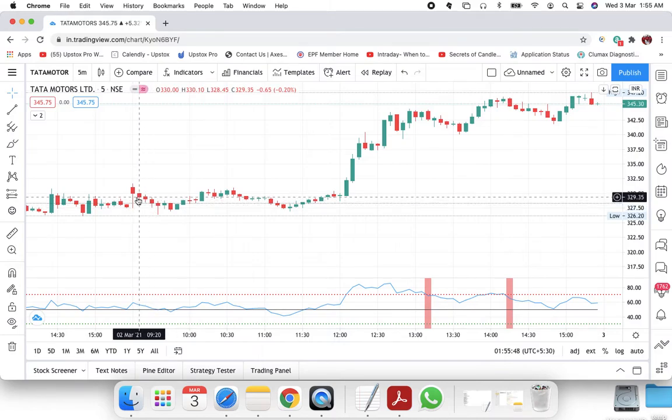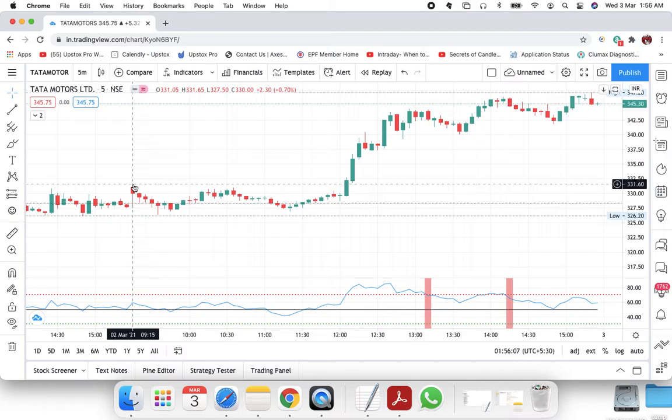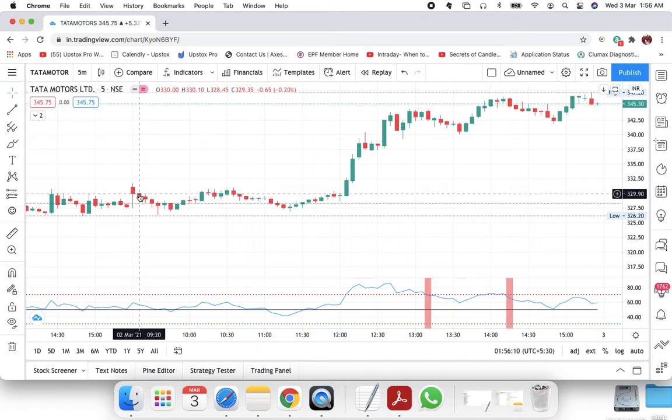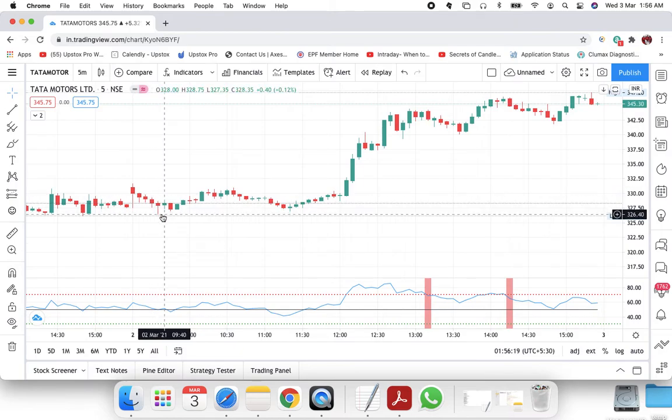If you are an intraday guy, as soon as the candle opens, you can punch your entry at 330 and keep your stop loss at the previous candle high, so that you can easily make some 2 to 3 rupees, 29 to 26. So 3 rupees in 15 minutes.